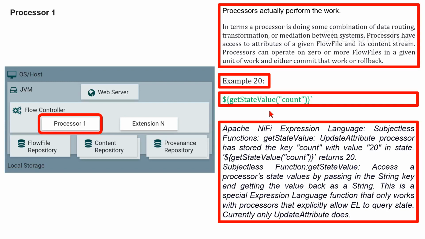Now we are considering Apache NiFi Expression Language. Subjectless function getStateValue. The UpdateAttribute processor has stored the key count with the value 20 in state. Here getStateValue(count) returns 20.